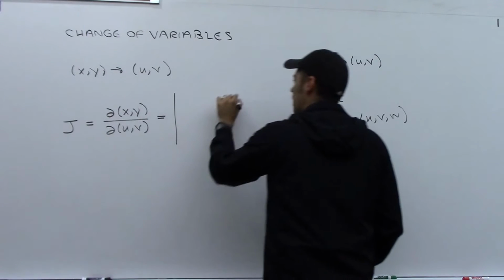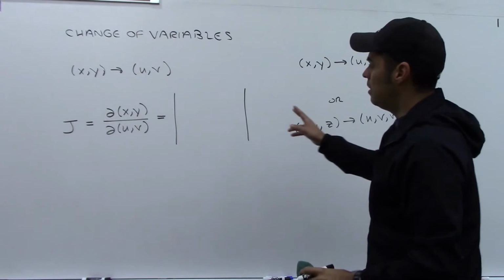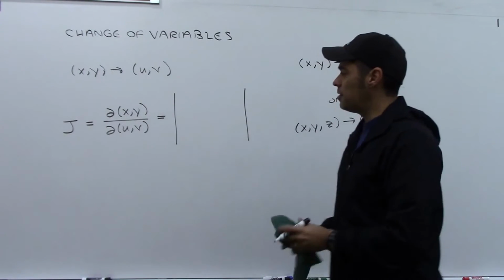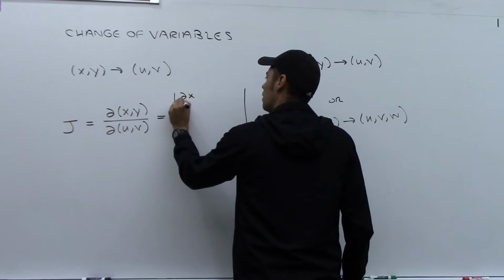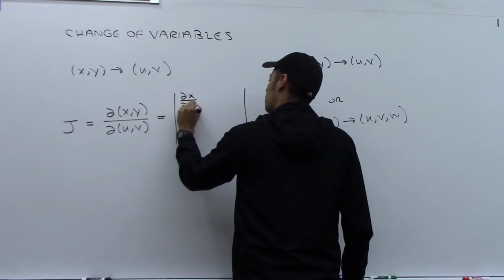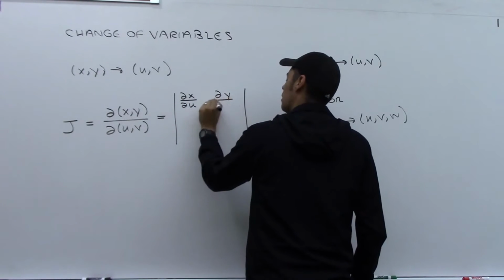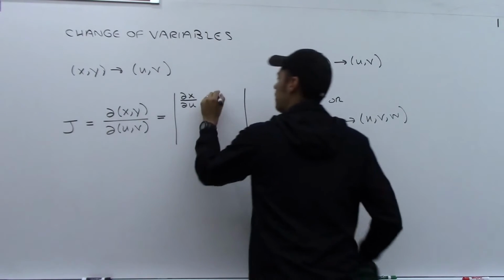That's the notation for the Jacobian, and here's what it is. It's the determinant, and since we're going from two variables to two variables, this is going to be a 2 by 2 matrix. It is the partial of x with respect to u, partial of y with respect to u. Oh, sorry, I messed that up.